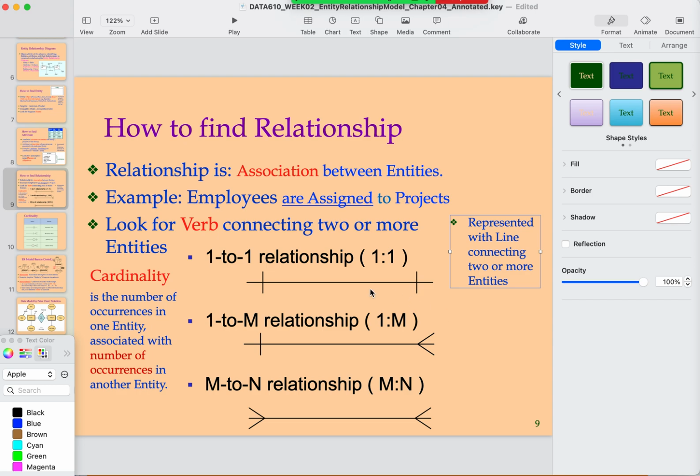So, for example, one-to-one relationship: one employee has one employee ID. That is, employee ID is the key for the employee, and only one ID belongs to a particular employee. So that's a one-to-one relationship. One-to-many relationship: many employees could be working on the same project.